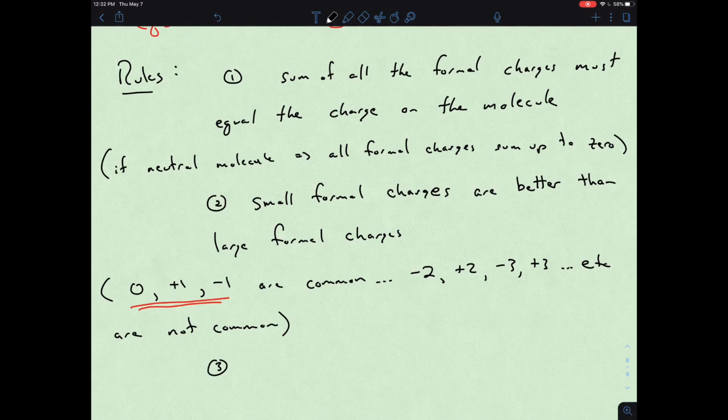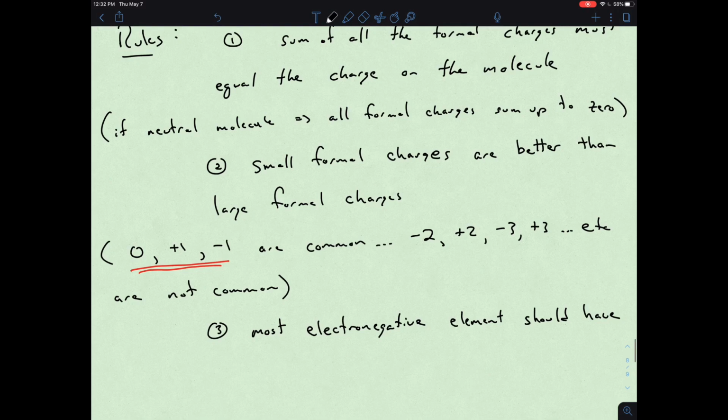And lastly, the most electronegative element basically should have the negative formal charge.